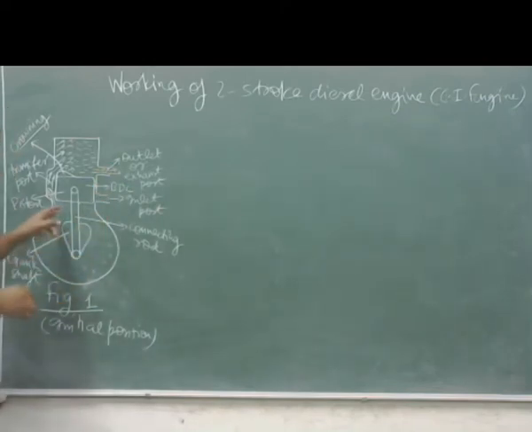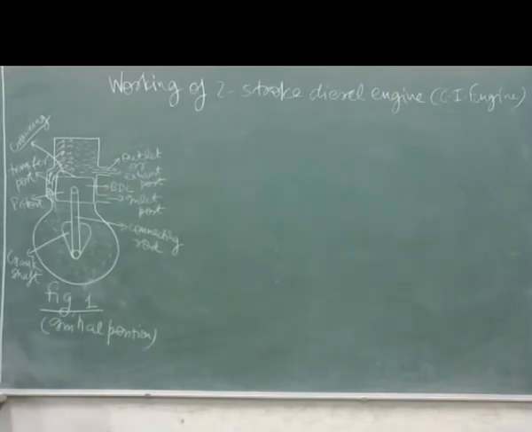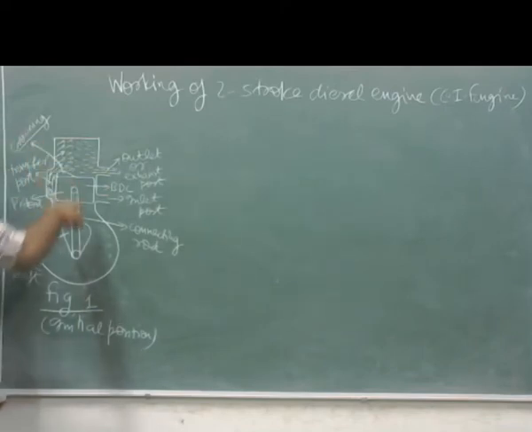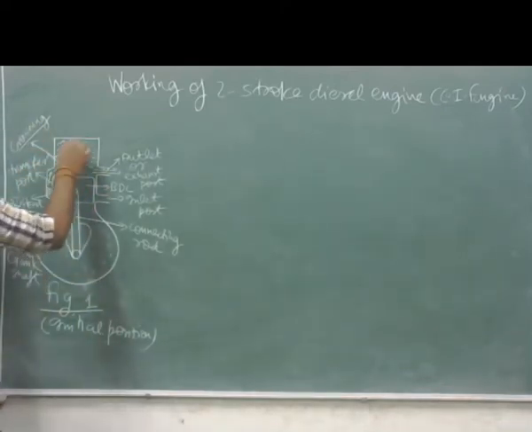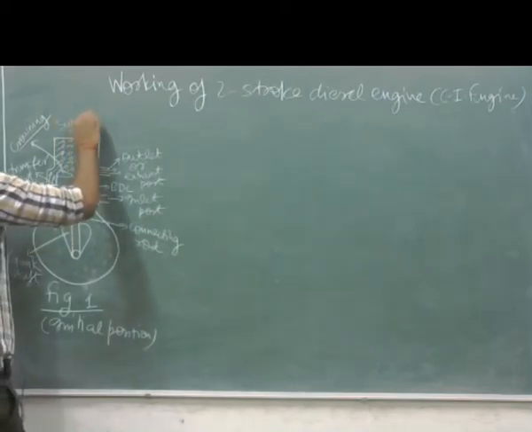So this fresh air will rise and push all the exhaust gases from the previous cycle to go outside through the outlet port or exhaust port. This process of raising the fresh air and pushing all the exhaust gases from the previous cycle with the help of this crowning is known as the scavenging process.